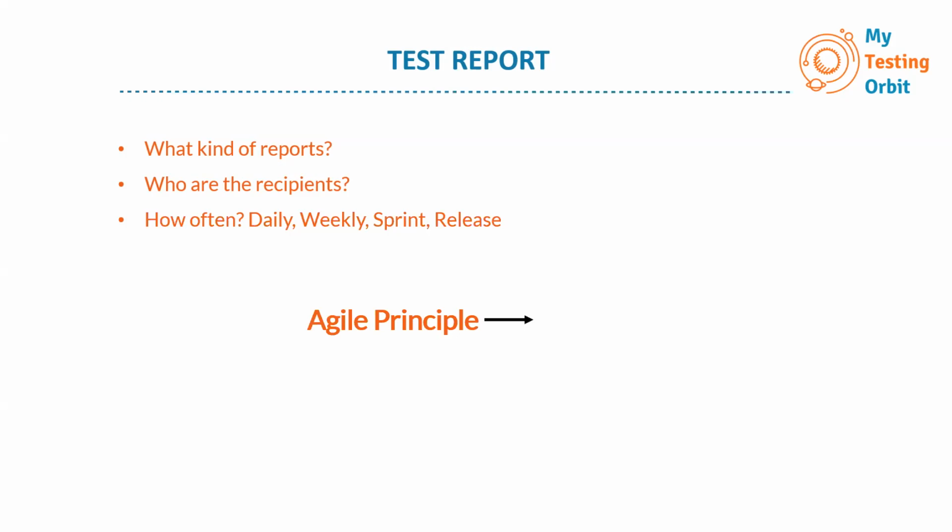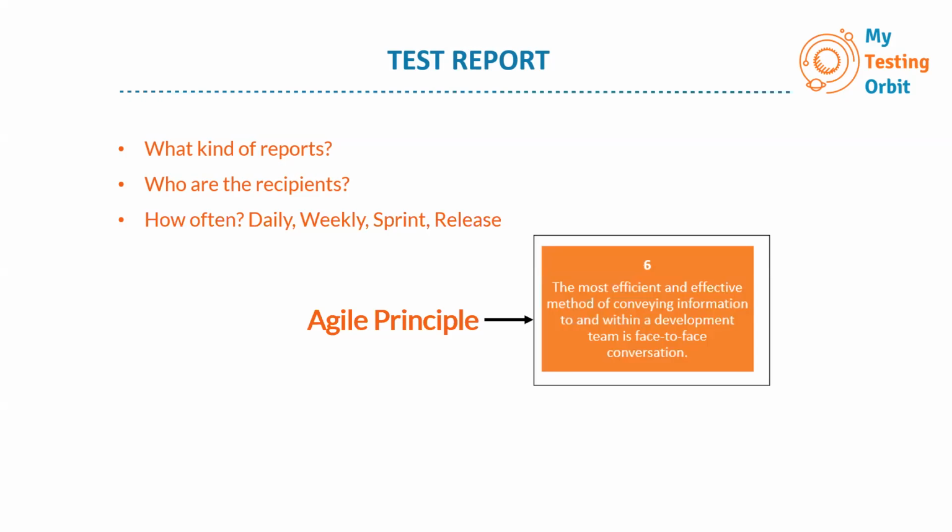Okay, I just want to recall one of the Agile principles. In the first session, we went through the Agile principles, and one of them, principle number 6, was that the most efficient and effective method of conveying information to and within a development team is face-to-face conversation.